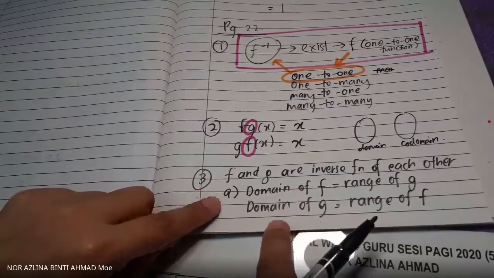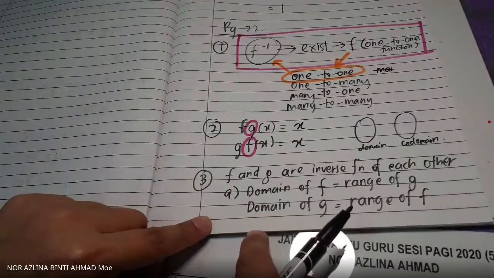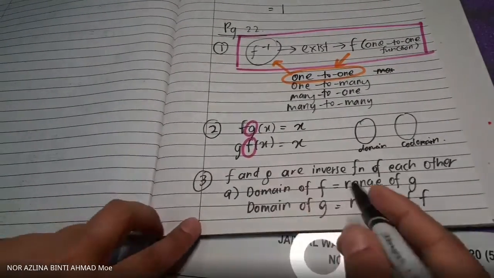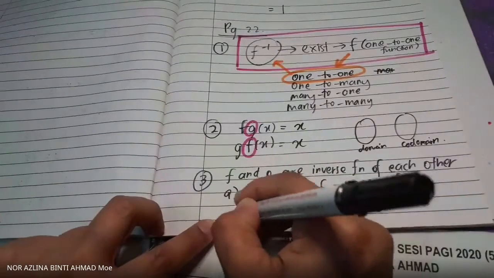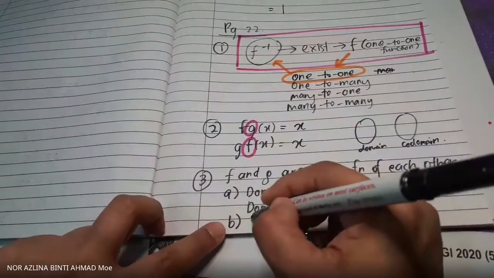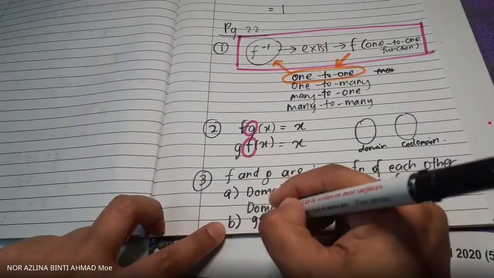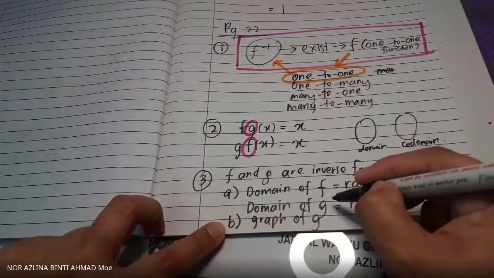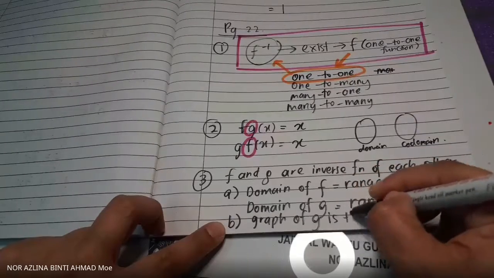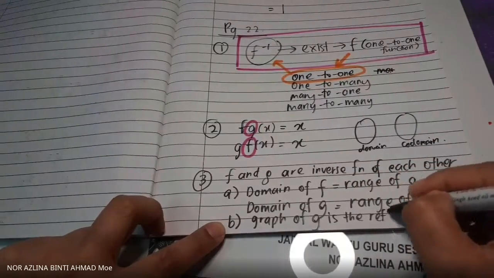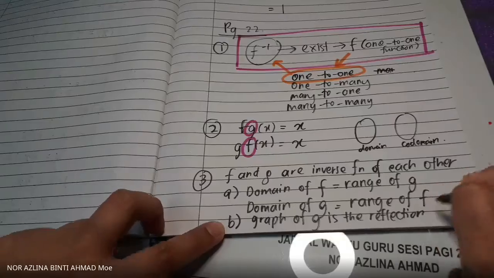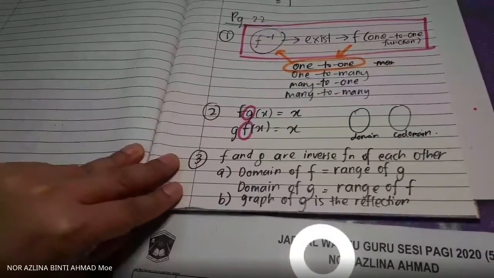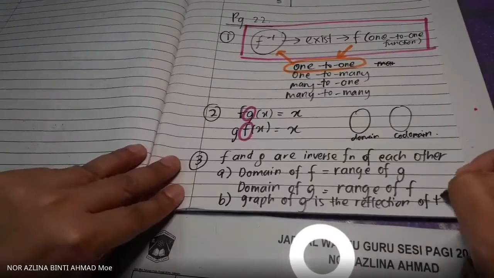Okay. B, ni nanti kita akan tengok pada contoh-contoh dia. Ini dia beri nota dulu. The graph of g is the reflection of the graph of f at line y equal to x. Sebenarnya kalau awak dah ada buku, awak boleh terus salin aja ni. Tak payah tangguh-tangguh.